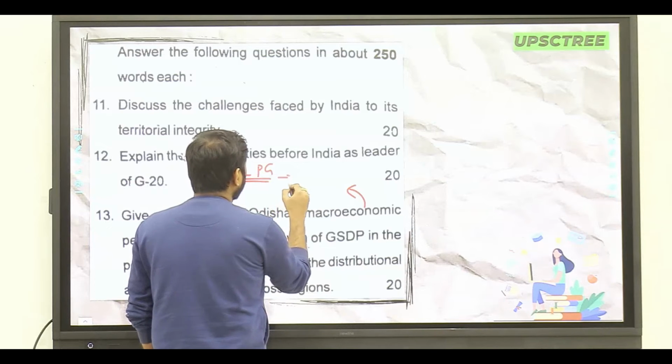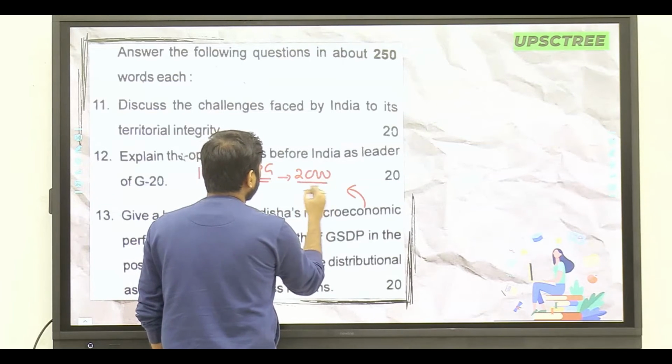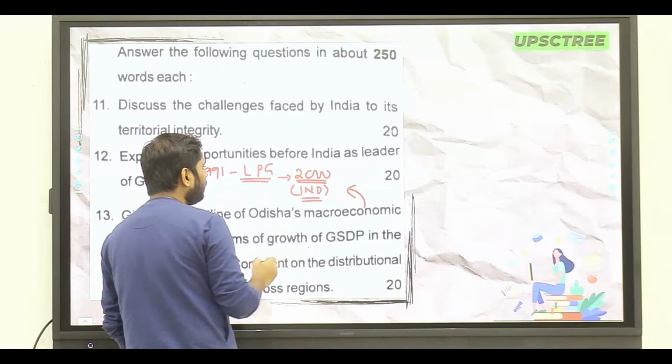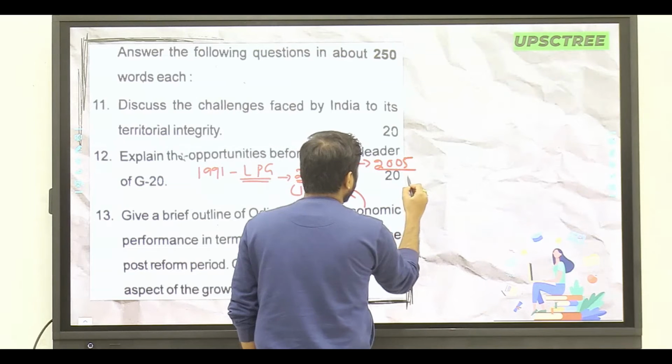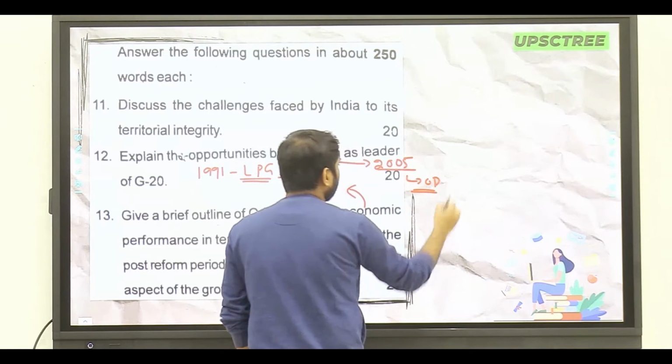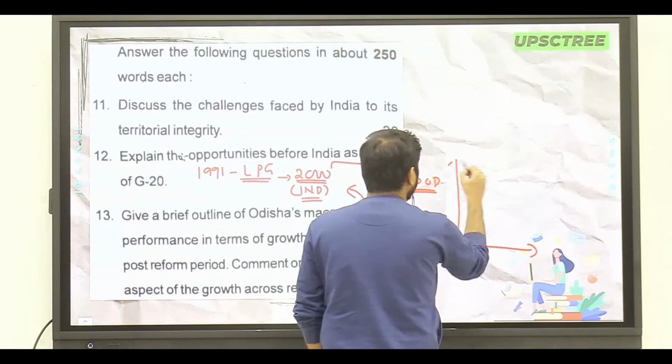So eventually only in 2000 India will experience the benefits of LPG, but Odisha will experience the same thing in 2005 only. So that particular graph I have shared with the students.